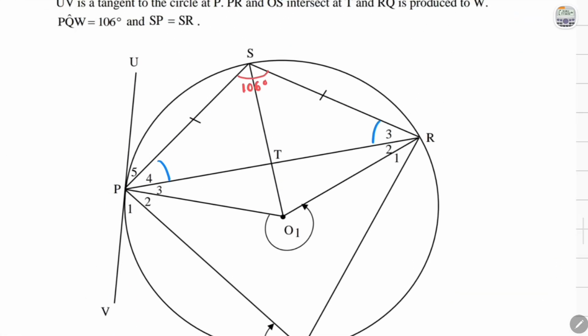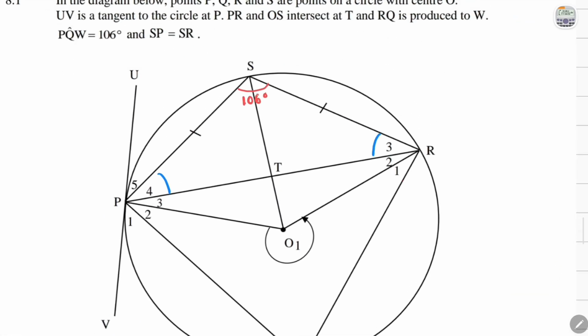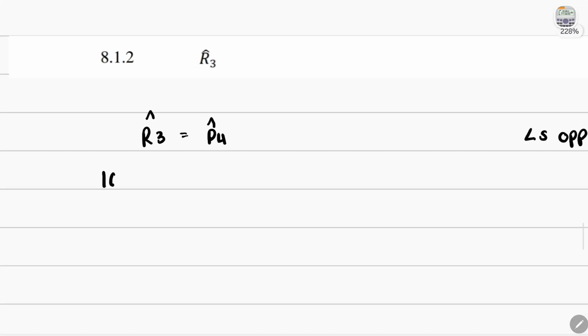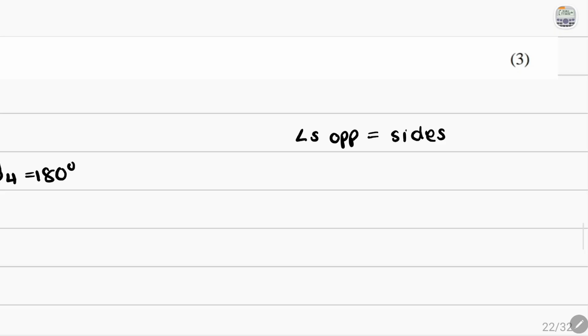Okay, so now that those are equal, we can work on adding these angles up, and because they're inside a triangle, they add up to 180 degrees. So we'll say 106 degrees plus angle R3 plus angle P4 equals 180 degrees, because the sum of interior angles in a triangle add up to 180 degrees.